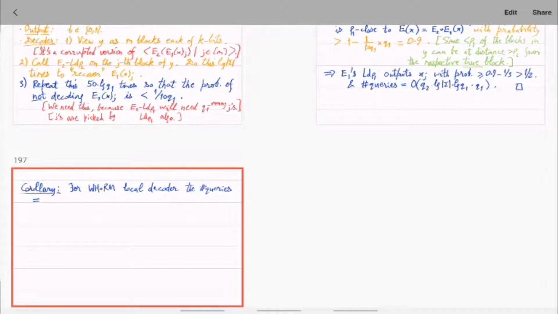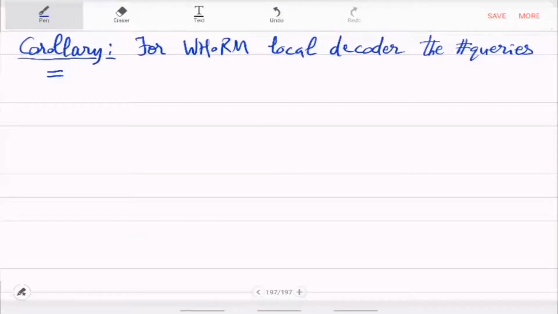So, you get Q1 times (log Q1) whole square. Q2 is for Walsh-Hadamard, which was only 2, so that is just constant. So, you get Q log square Q, which is basically linear in Q, just slightly more than linear in Q.